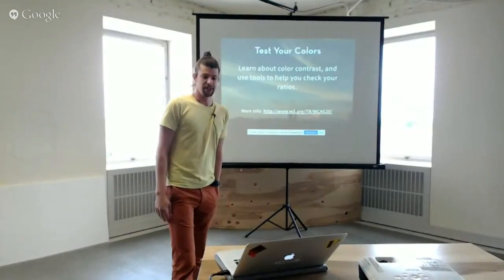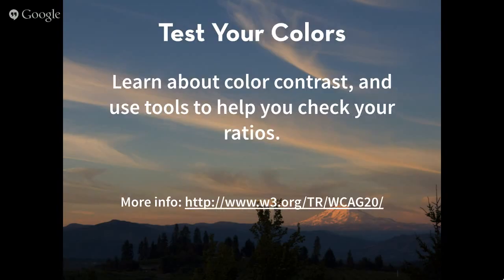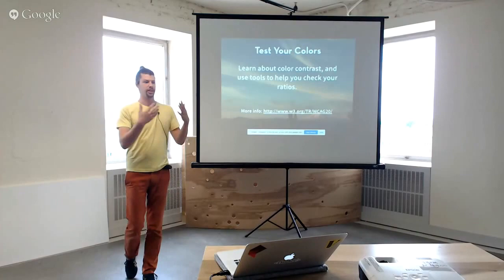Okay, the next thing that you should do, this is something that I failed at for a long time. I just did it on my site the other day and realized that some of my text is off: you should check color contrast. There are actual specifications published by the W3 working group: if your text is this small on the web, the ratio of the background color to the text color should be this high. And it changes if your text gets bigger.